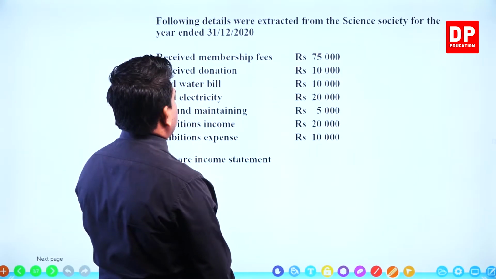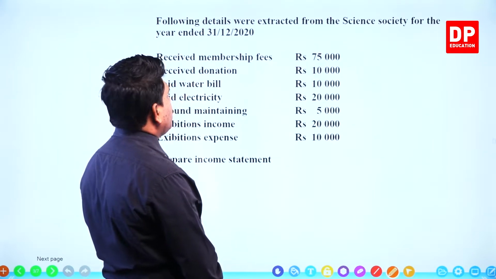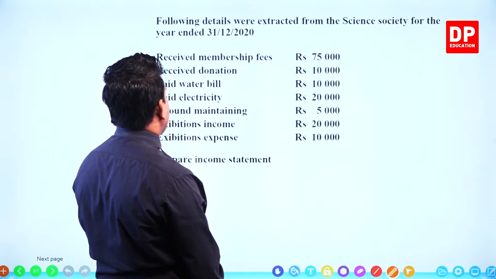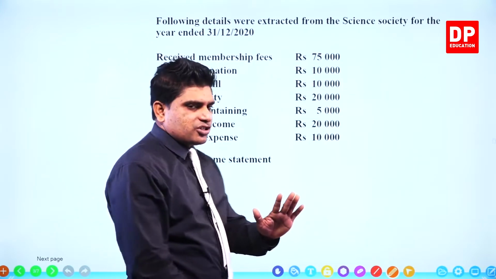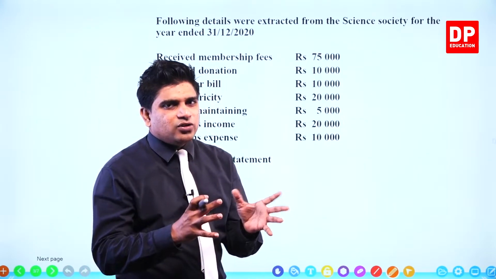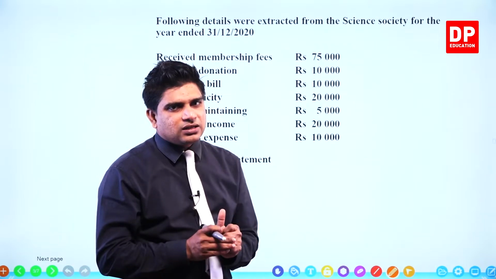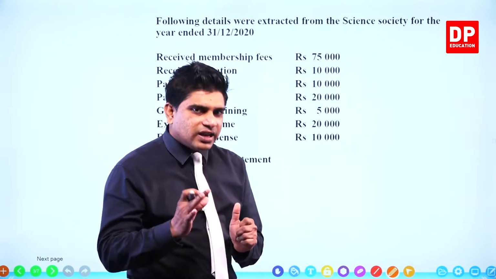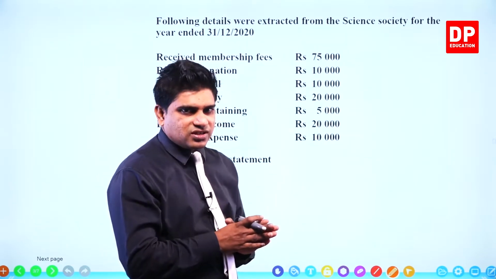Following details were extracted from the Science Society for the year ended 31st December 2020. No additional information here. Using the income and the given expenses, just calculate surplus or deficit. It's very easy compared to the previous questions, right?